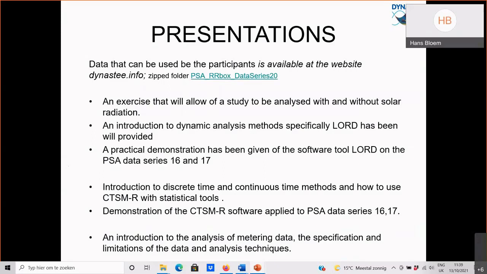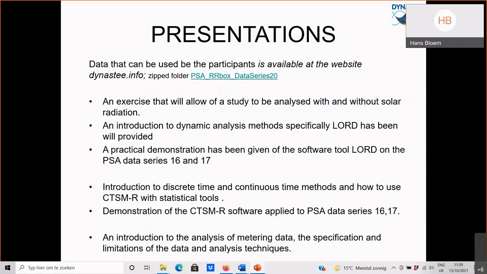You can use it, and we ask you, if you make a publication using our data, please make a good reference to where you have found this data. Of course you can also use our methods, but be so kind as to make a reference to it.